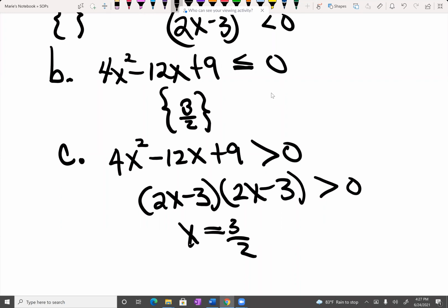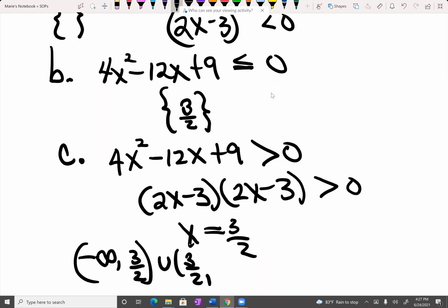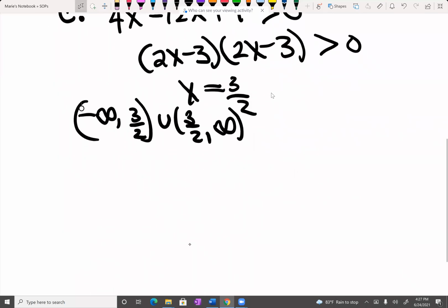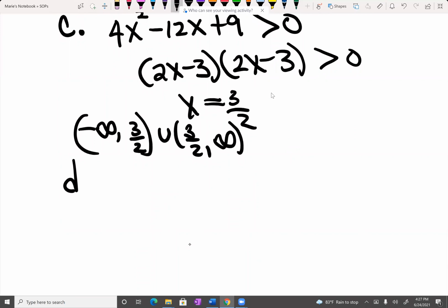So the solution set for this actually would be negative infinity, comma, 3 over 2, union the 3 over 2, comma, positive infinity. And that is because it's set to greater than 0.